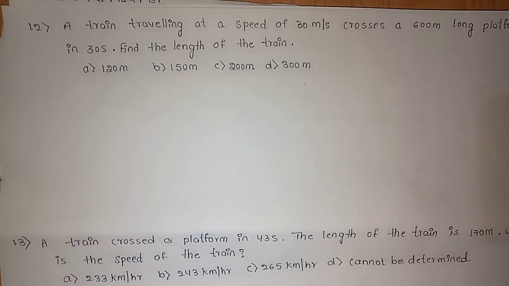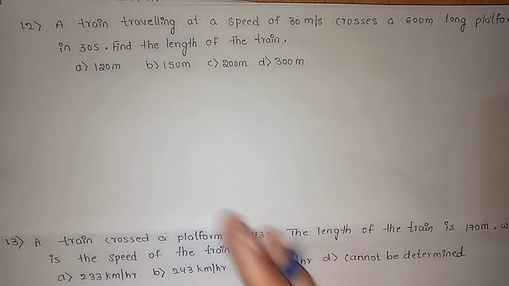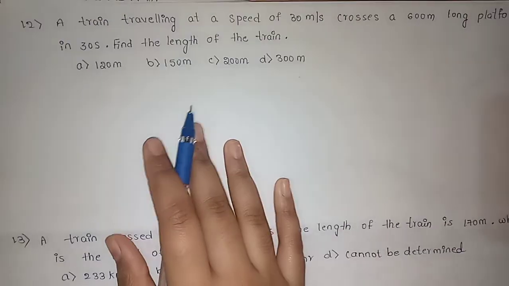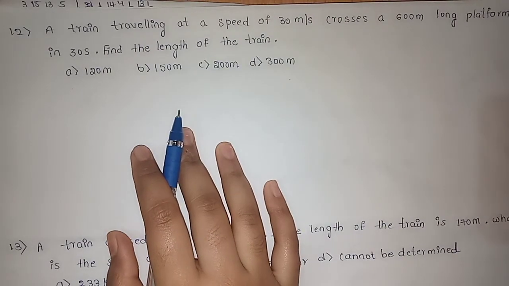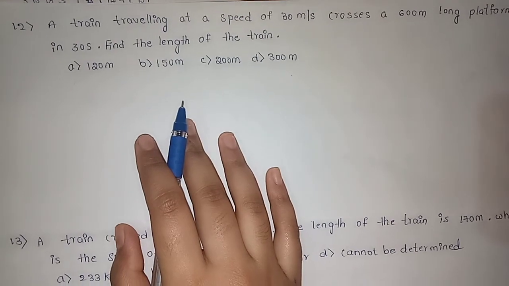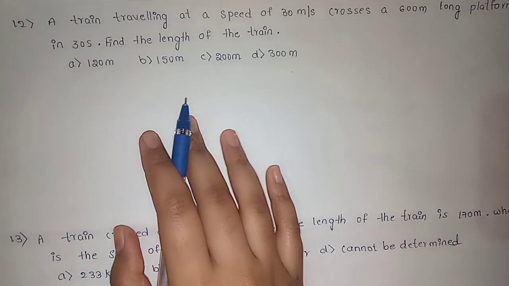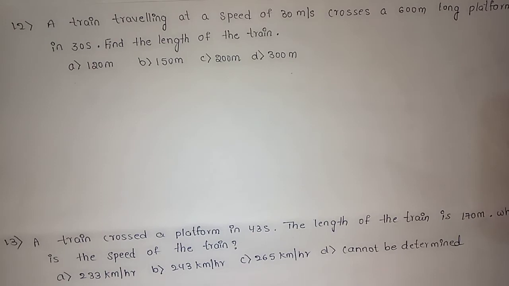12th question. A train traveling at a speed of 30 meter per second crosses a 600 meter long platform in 30 seconds. Find the length of the train. Option A 120 meter, option B 150 meter, option C 200 meter, option D 300 meter.